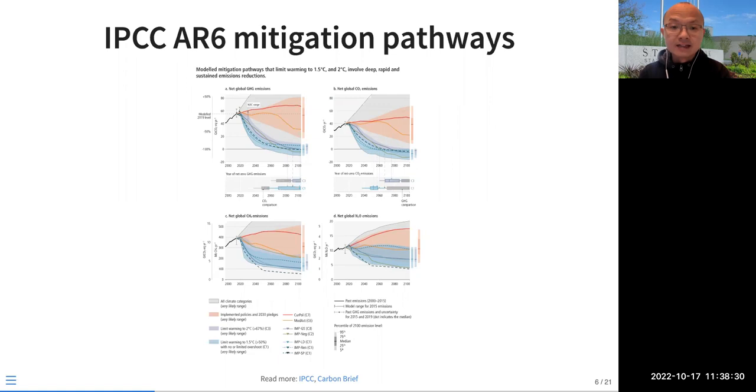And as you can see here, we basically need to reduce and achieve net zero carbon emission by mid-century, and negative emission if we think about carbon neutrality, to first stabilize the carbon concentration and then reduce it.